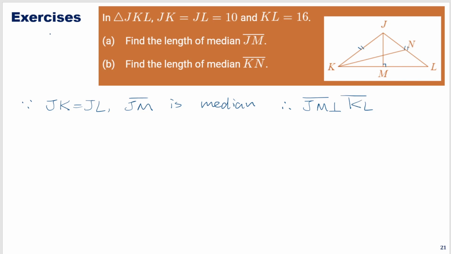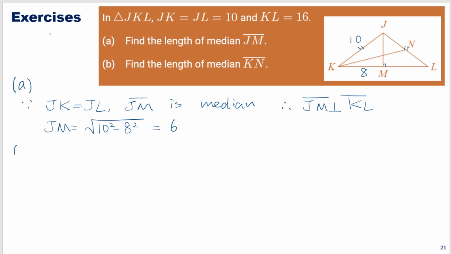So if JK equals 10, KL equals 16, then KM equals 8, right? Then JM is simply square root of 10 squared minus 8 squared, which equals 6.